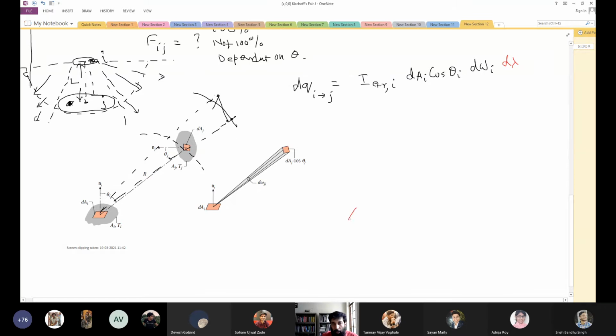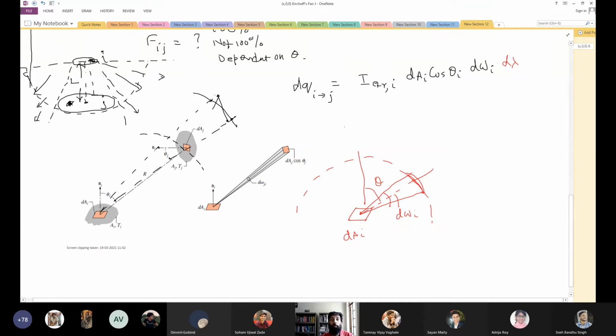So this is the surface, and if I take a hemisphere and a solid angle d omega i on the hemispherical surface, this will be the energy intercepted in the theta direction. This is theta, this is d omega i, this is dAi.